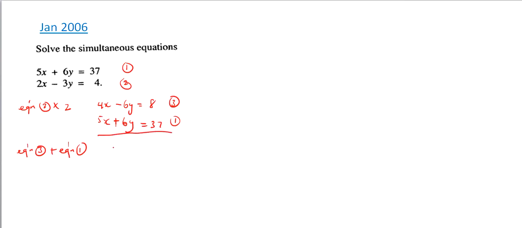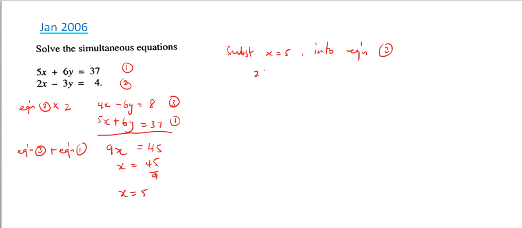So 4x plus 5x gives me 9x, and minus 6y plus 6y gives me 0. And then we have to take 8 plus 37, and that gives me 45. So therefore x is equal to 45 over 9, and therefore x is equal to 5. So now we have to substitute x equal to 5 into any one of our equations, let's look for an easy one, let's say equation 2.